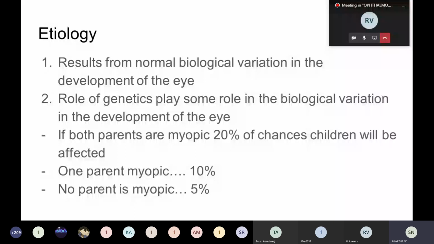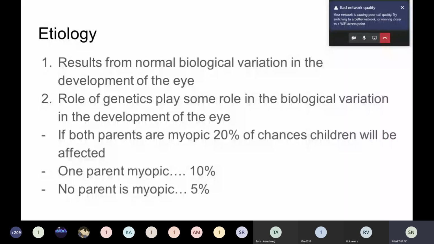The role of genetics, meaning the hereditary factor, also plays an important role. If both parents are having a myopic refractive error, there is a 20% chance the child also will get it in future.